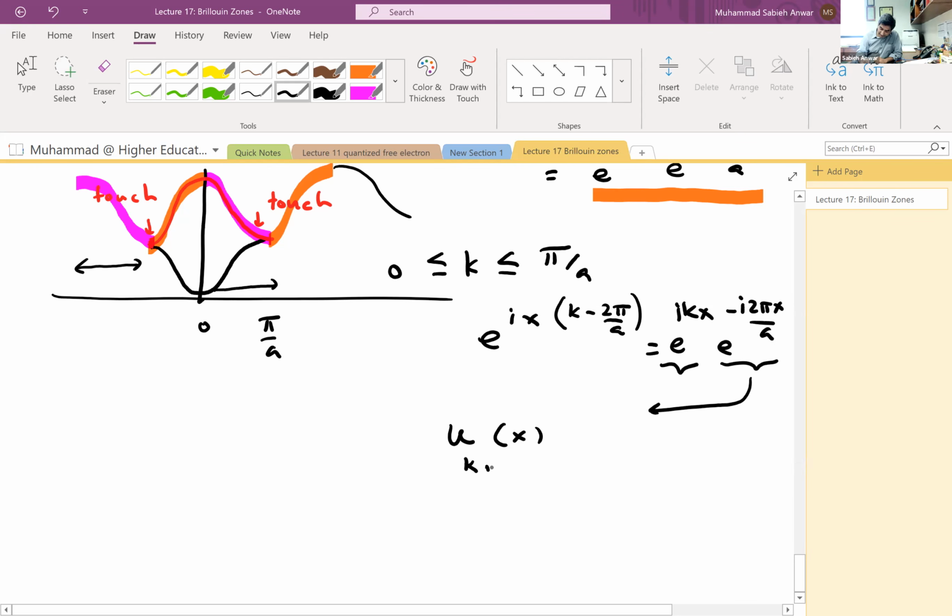Let's call it n, which could be 1, 2, 3, 4, 5, and it tells us how many units of the reciprocal lattice vector I need to translate the dispersion relationship to bring it back into the first Brillouin zone. So this n is called the band index. This is a new quantum number that is being introduced, and the wave function is characterized by quantum number k and quantum number n. This n is called the band index.